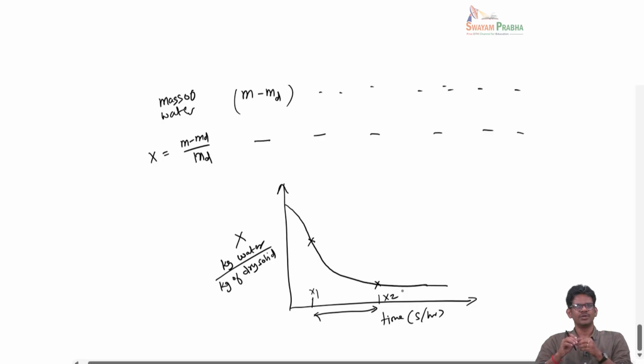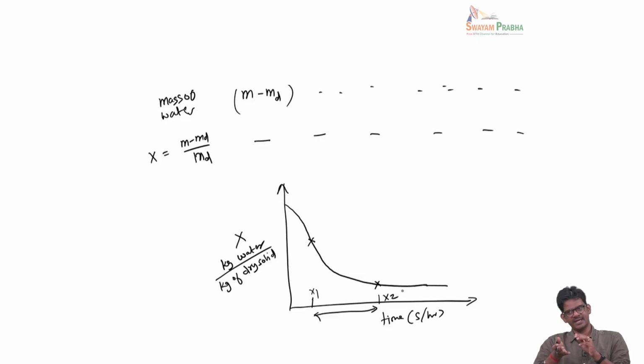Okay, so in order to do that, we are going to process this data. This is raw data. We are going to process this raw data and plot it slightly differently. What we can do is, I can find the rate of water evaporated, that is basically the mass transfer flux from the solid, from this curve, okay, and I can plot that as a function of moisture content itself.